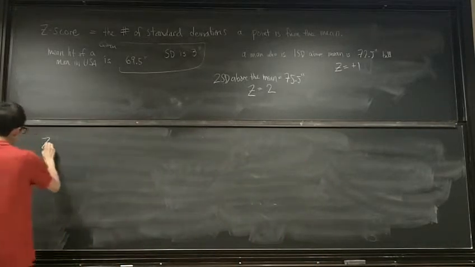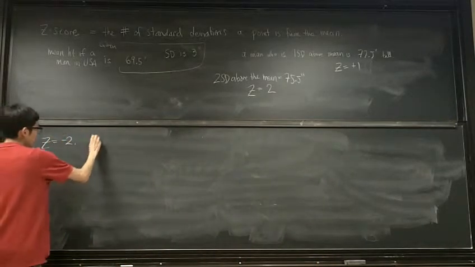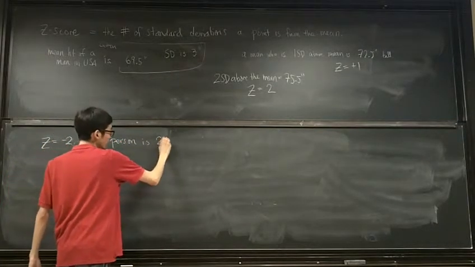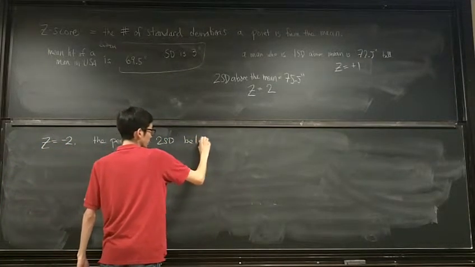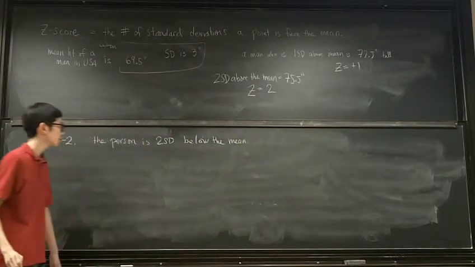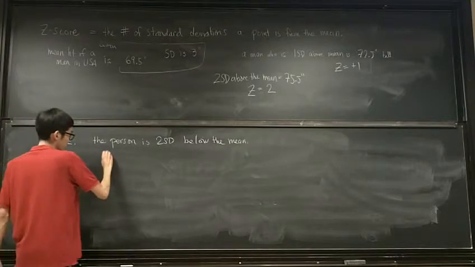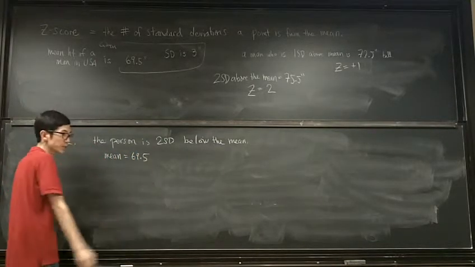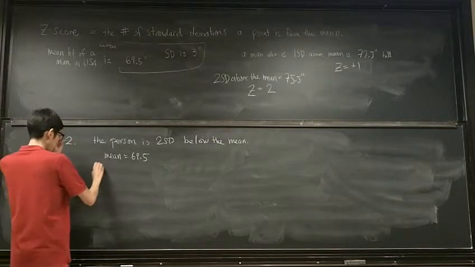So if the z-score is equal to -2, the person is 2 standard deviations below the mean. The mean is 69.5. Each standard deviation is 3 inches.